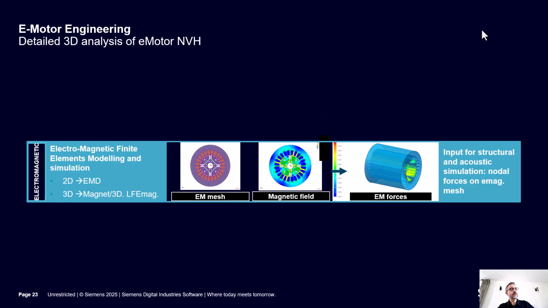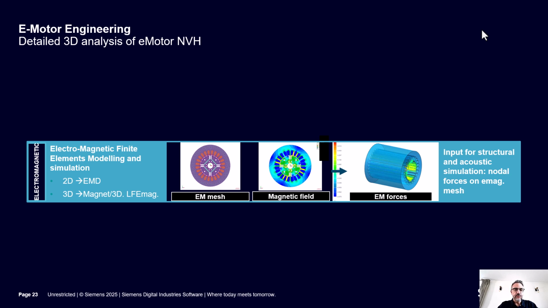So the process for a detailed analysis of e-motor NVH looks as follows. In the first step, we need to identify the loads by means of a 2D or 3D electromagnetic FE model. We will characterize the magnetic field and the loads which are applied to the stator of the e-motor.